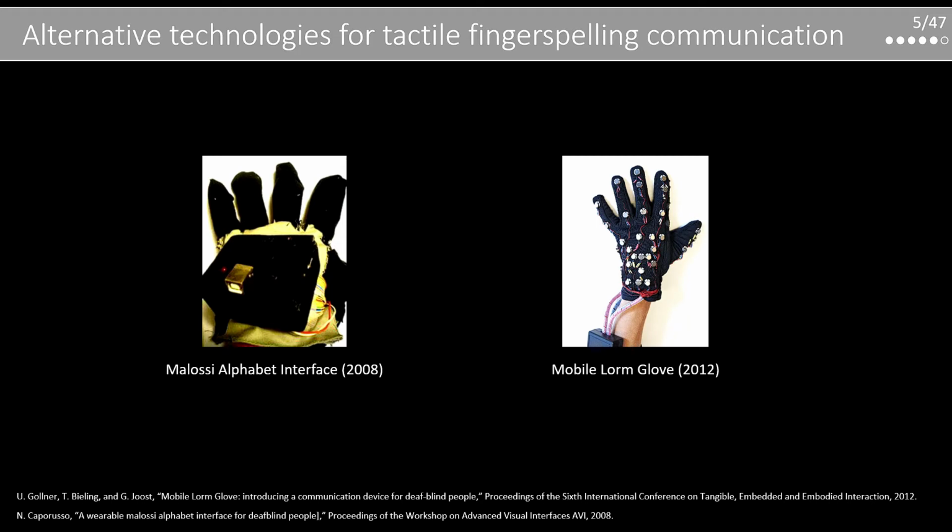So it's portable, and the idea was to emulate the Malossi alphabet, which is the tactile fingerspelling alphabet of Italy. 4 years later, Goldner, Bingley, and Jost developed the mobile Lorm glove. Same idea, ERM motors, a glove, but this one is made for the Lorm alphabet, which is the alphabet of Germany.